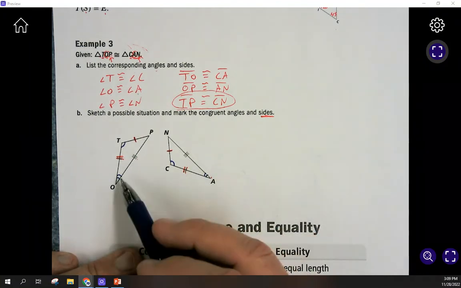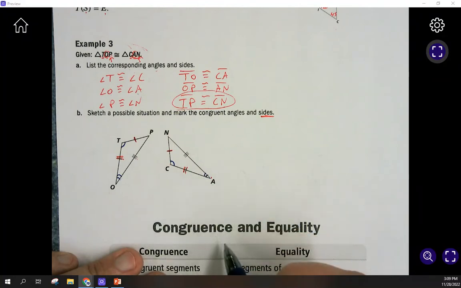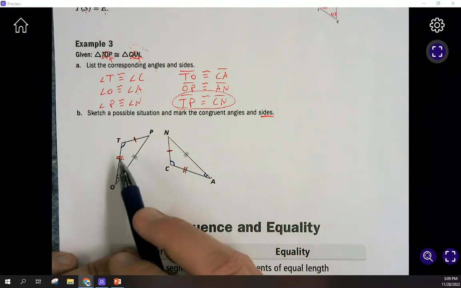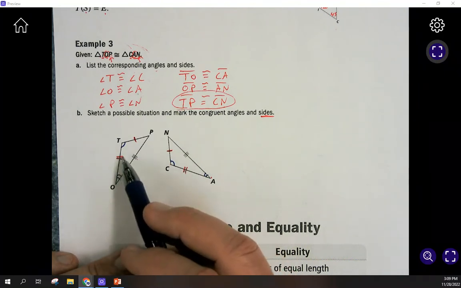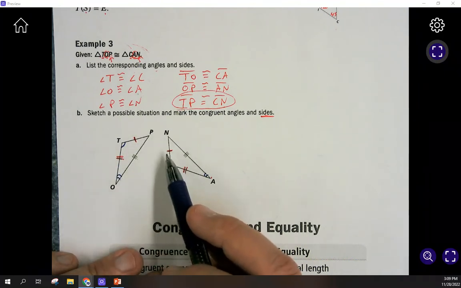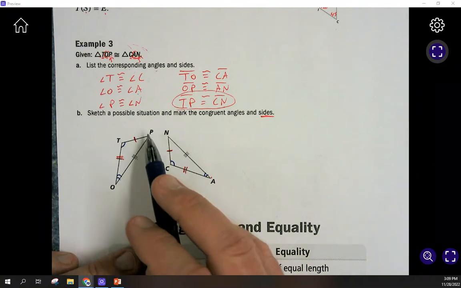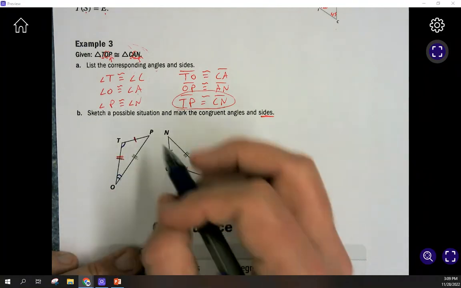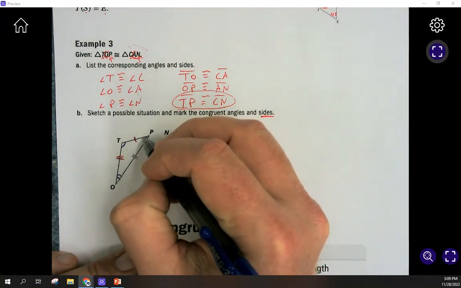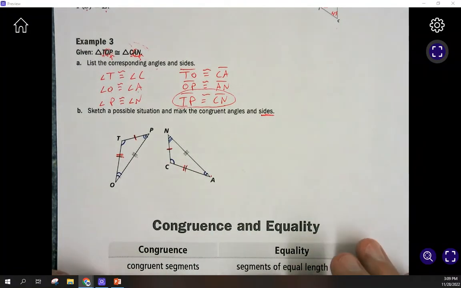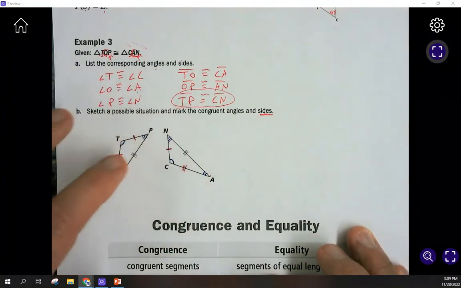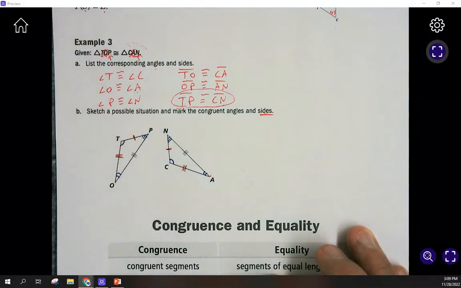So any angle I see with these 2 little arcs are going to be equal to each other, just like with these slashes. If it had 2 slashes, it's congruent to the 2 slashes. 1 slash, 1 slash. So my last angle, I know P and N, those are congruent to each other. So I'm going to put 3 arcs on that one, and I'm going to put 3 arcs on that one. And now if I just looked at this shape, I can tell which angles are congruent and which sides are congruent.